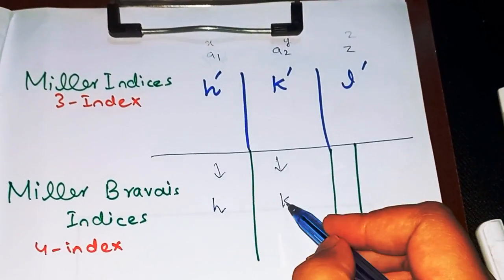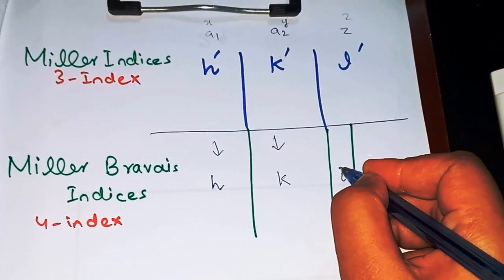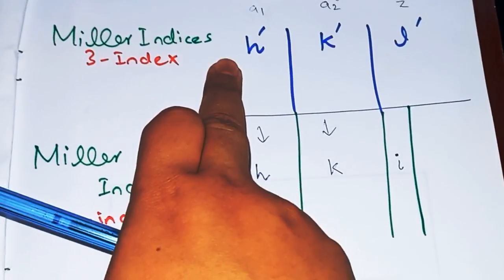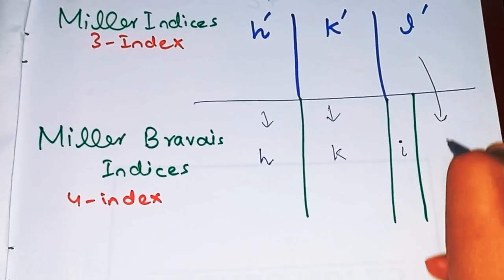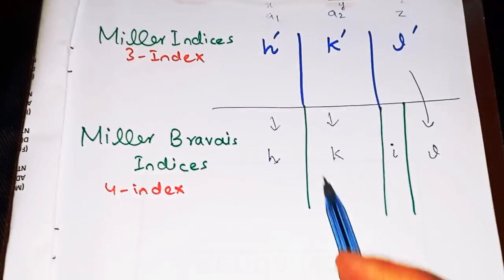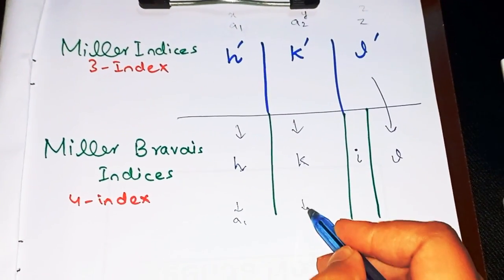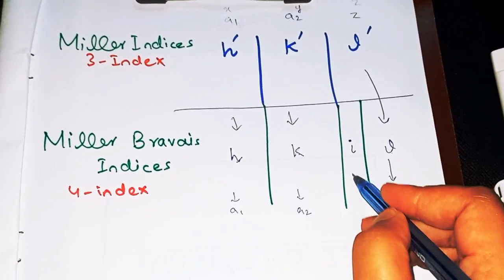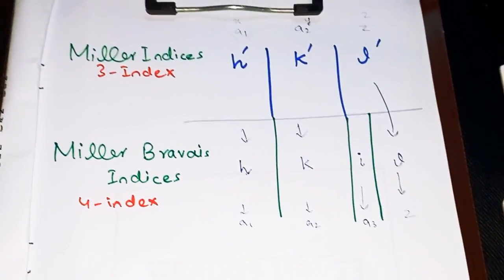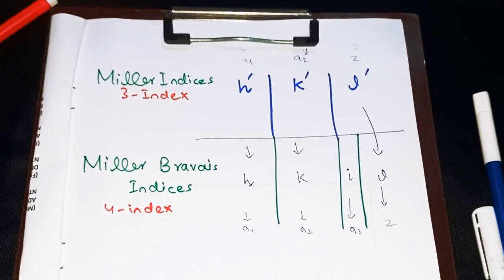After the k index, there is an extra index, which is the i index, and that is not present in Miller indices. Then we have the last index, l prime, which corresponds to the l index. So the h index is for the a1 axis, the k index is for the a2 axis, the l index is for the z axis, and the i index is for the a3 axis, which is the extra one, if you want to compare with the coordinate system.